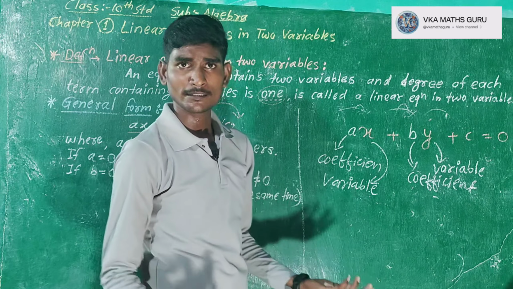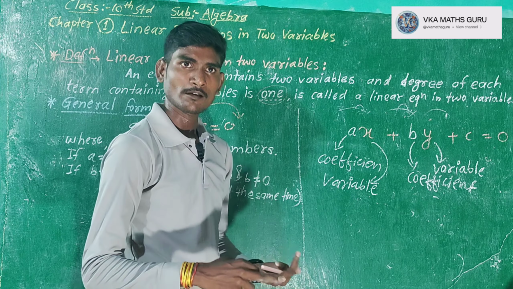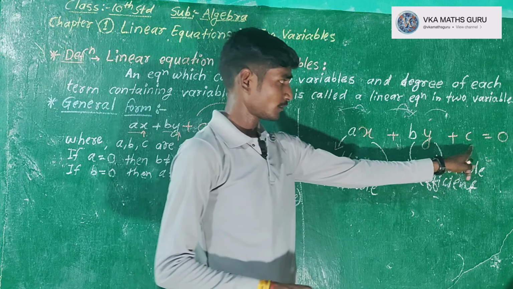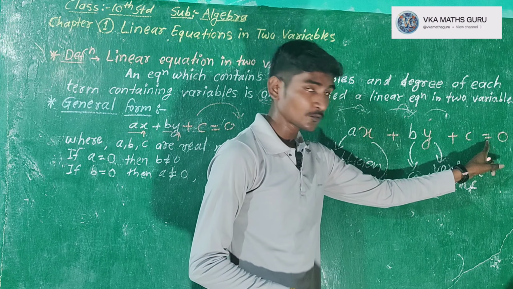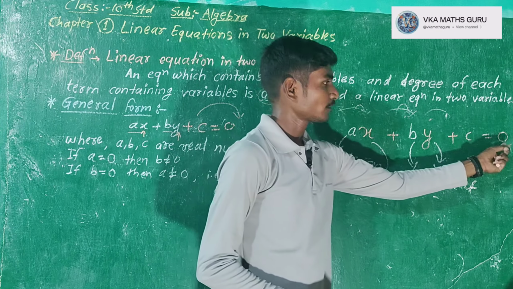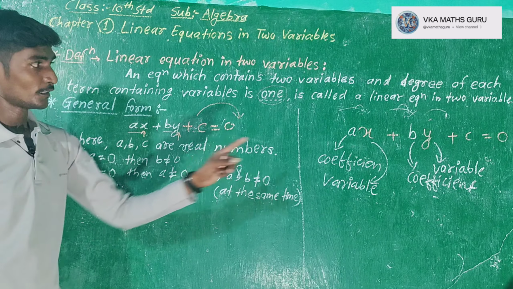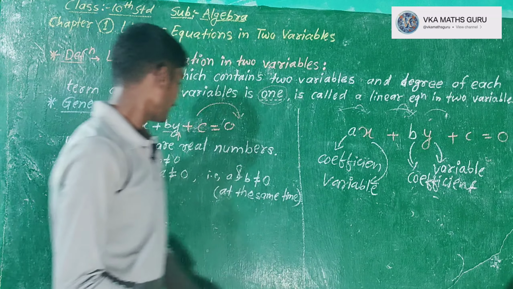Constant term means we can take a k or any real numbers, 1, 2, 3, or any natural numbers in the place of c. The equal sign is a must in an equation, so that is the equal sign and 0.